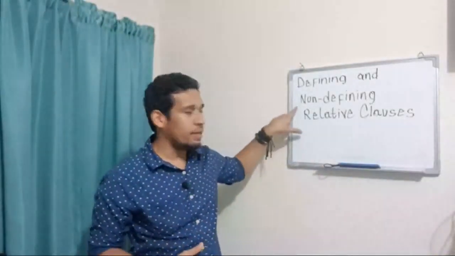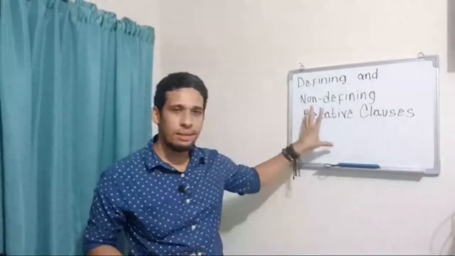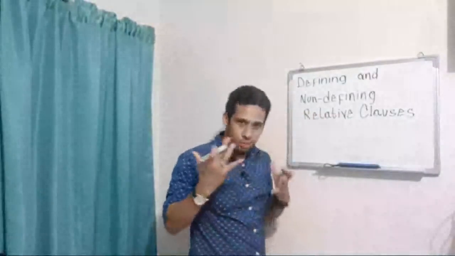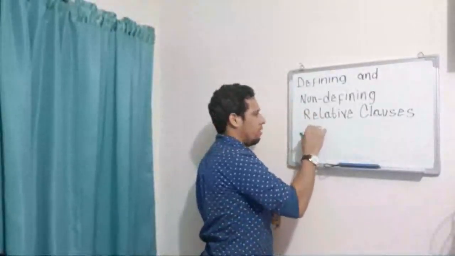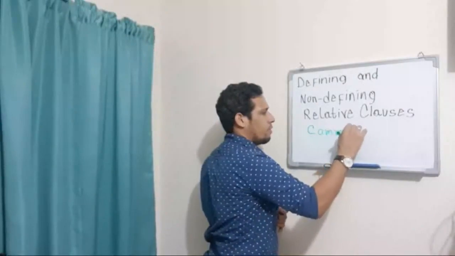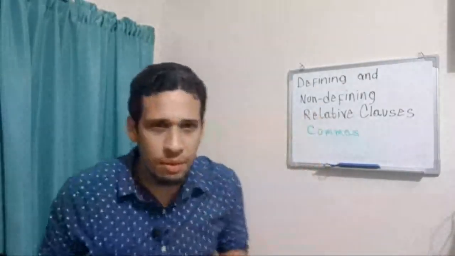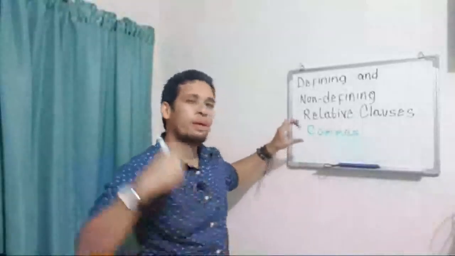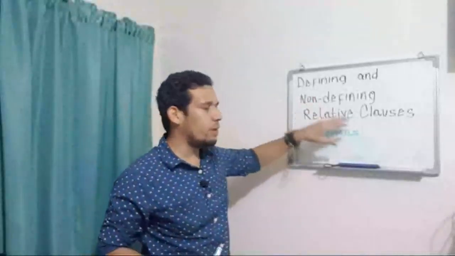El non-defining normalmente tiene algunas cosas como características, right, que ustedes pueden identificar fácilmente. Let's write commas, right? ¿Se ve bien? All right, commas. Eso es una peculiaridad de los non-defining relative clauses.